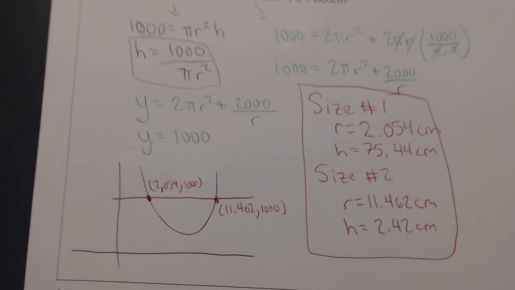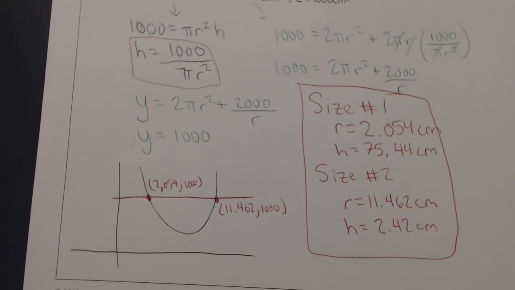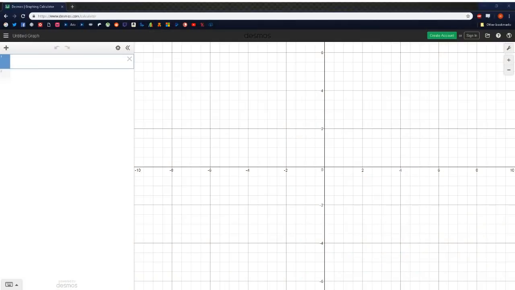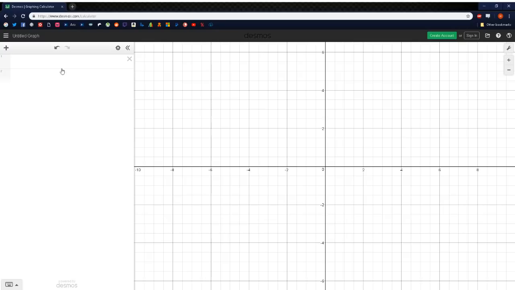So, going to Desmos. Make sure we're good here. And if I type in my equations here, I type in 2 times pi x squared.